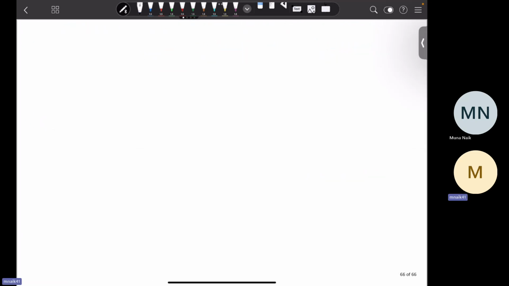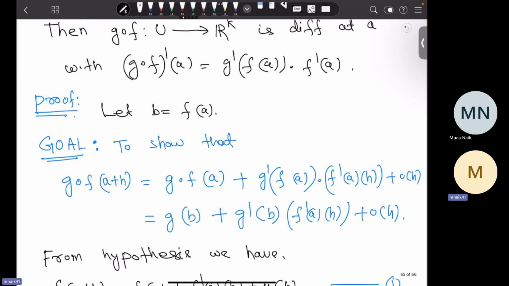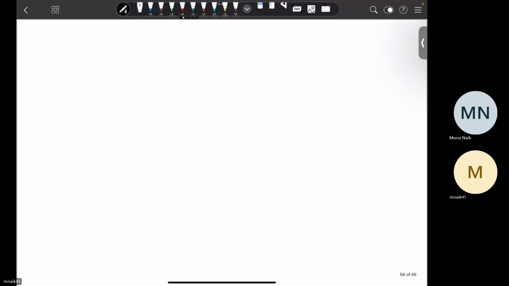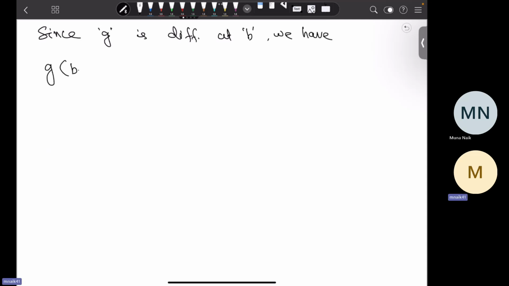Now what is the condition on G? We have another hypothesis that G is differentiable at f(a), but f(a) we have assumed is B. So since G is differentiable at B, we have this thing: G(B+K) is equal to G(B) plus G'(B) applied on K plus ψ(K).